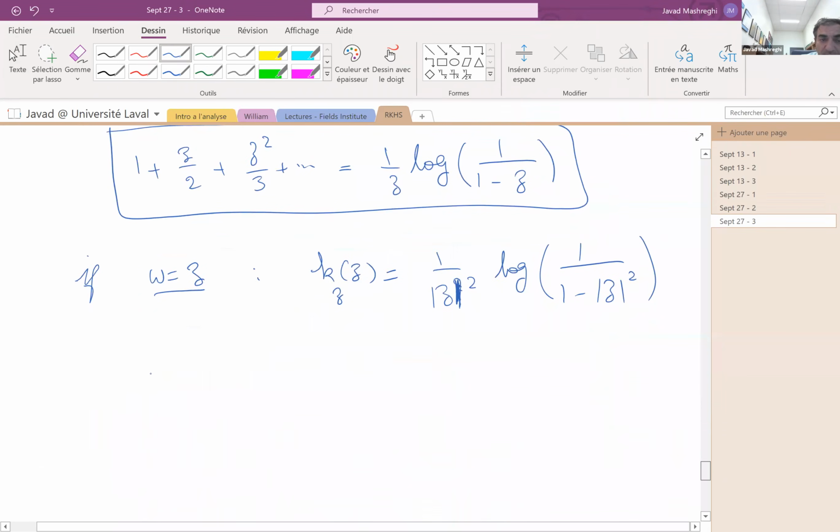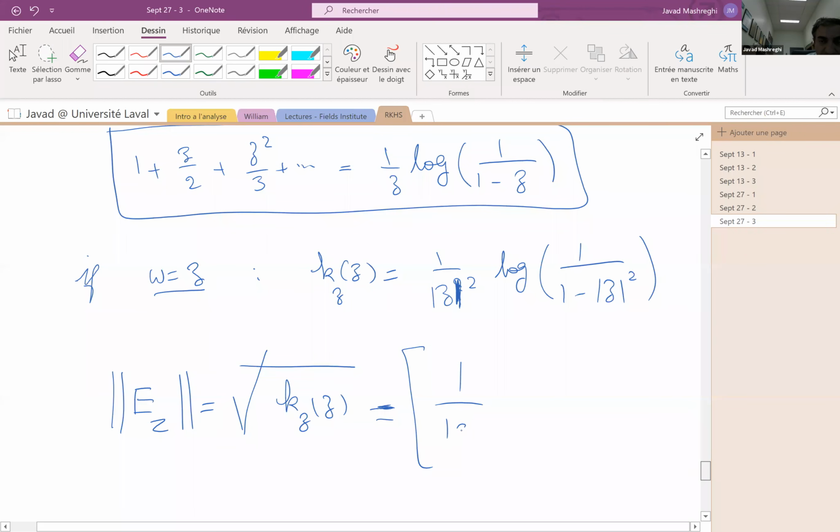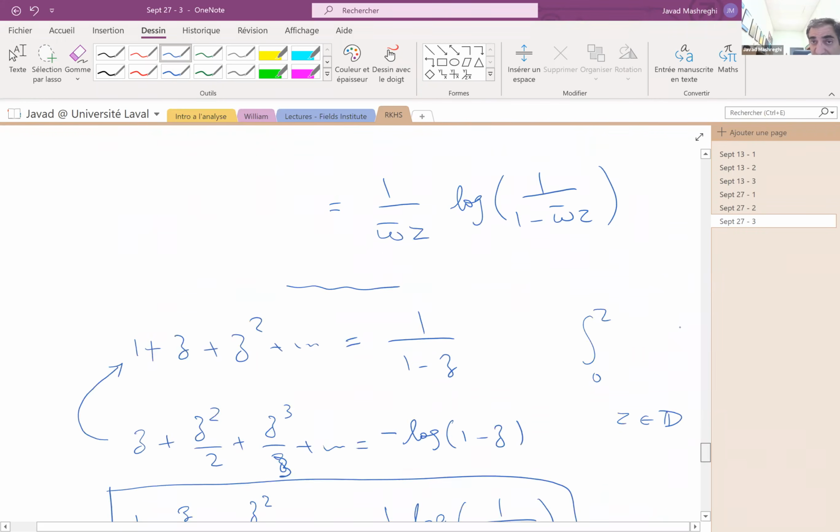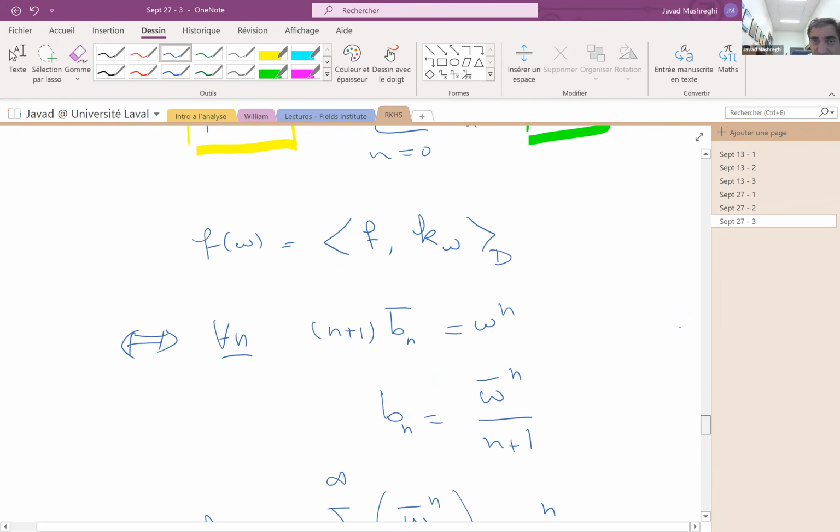And we know from the first week that the norm of e_z is the square root of k_z(z). So it's the whole combination here, squared. And we obtained this before indeed. So again, our estimation is sharp.